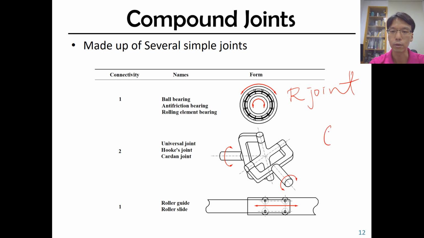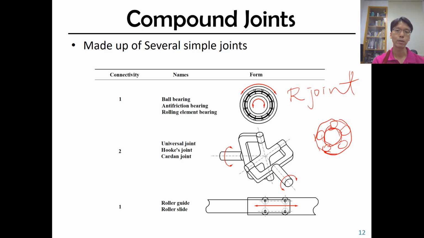If we take a look at the interior of the ball bearing, it's like this. We use the balls and 2 rings, and the balls are within the 2 rings. So the 2 rings can do a relative revolute motion. So it works like an R joint.